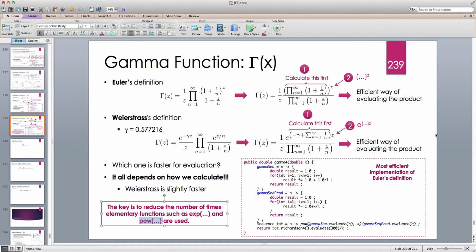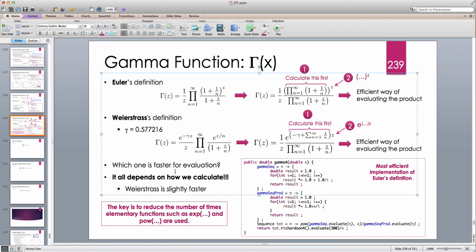All right, so what I would like you to understand is that the most efficient way of calculating these products is to reduce the number of times we invoke elementary functions like exponential or power. The most efficient way is just to have a bunch of numbers and multiply them, add them together, and divide them by each other, right? This is the easiest thing for a CPU to do. It doesn't take much time.